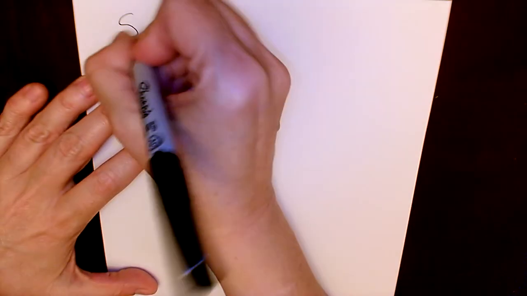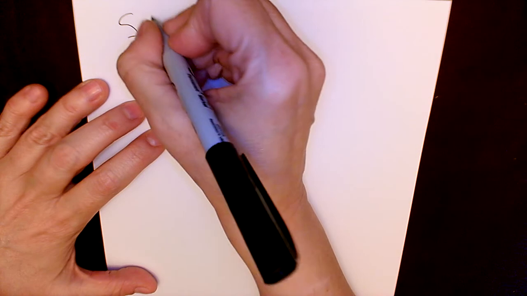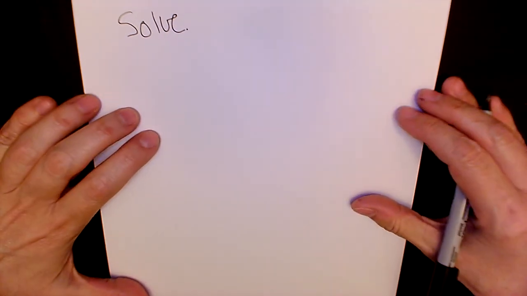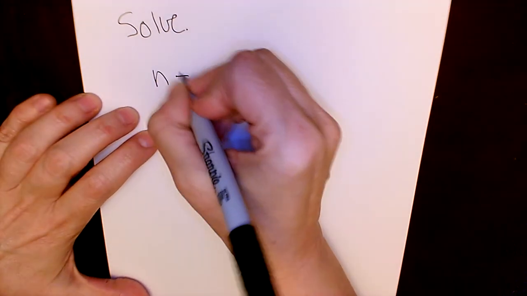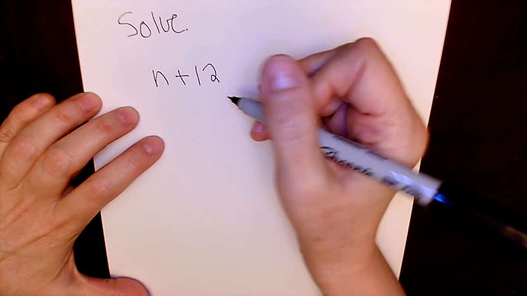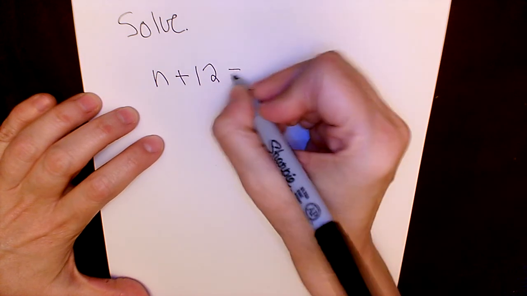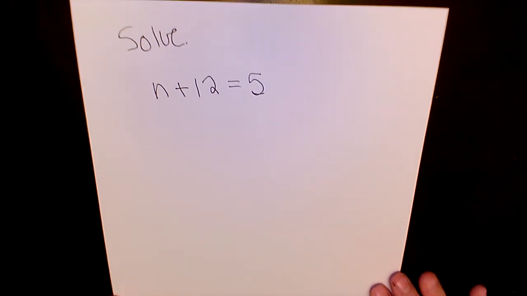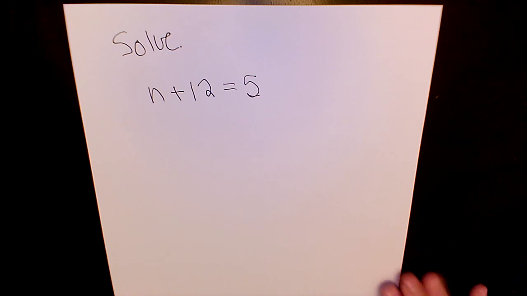Okay, so let's start with, and we're just going to solve. And I know we've done something similar. I don't think we've done with integers, though. So this is going to be solving using integers.